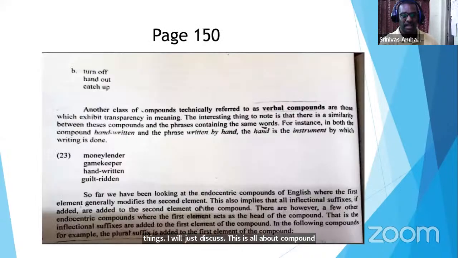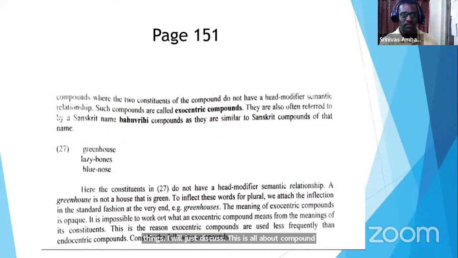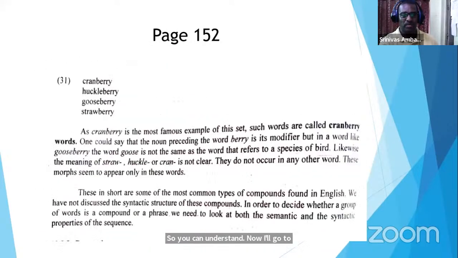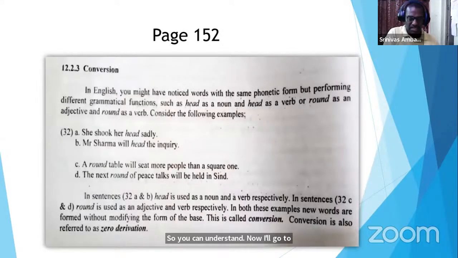So you can understand. Now I'll go to the new topic: conversion. This is on page number 152. For your reference. One of you please read the first one or two lines.